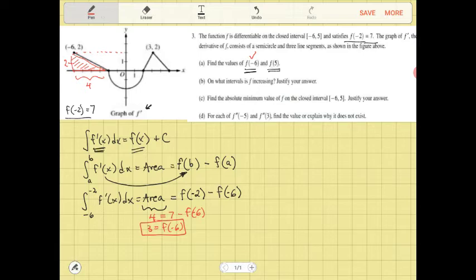So we're going to do something similar. We need to integrate the given function, and somehow one of our limits has to be 5, which is all the way over here. And because we know what the function is at -2, that should be the other limit.